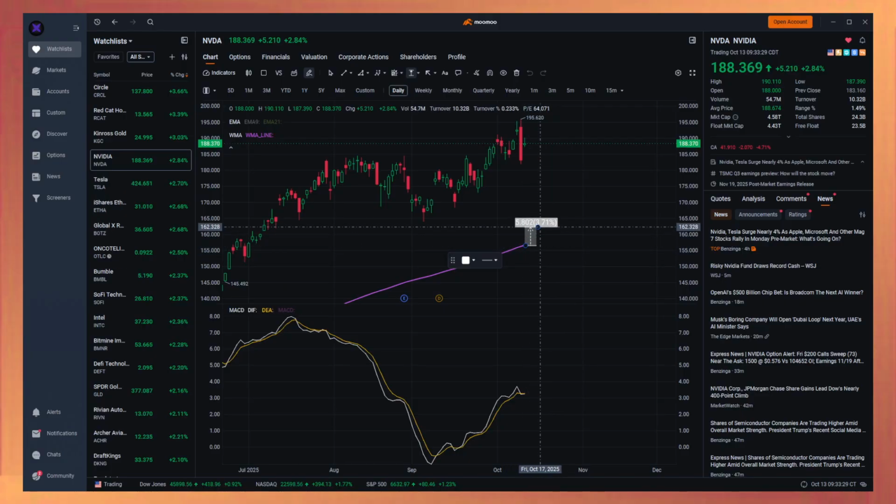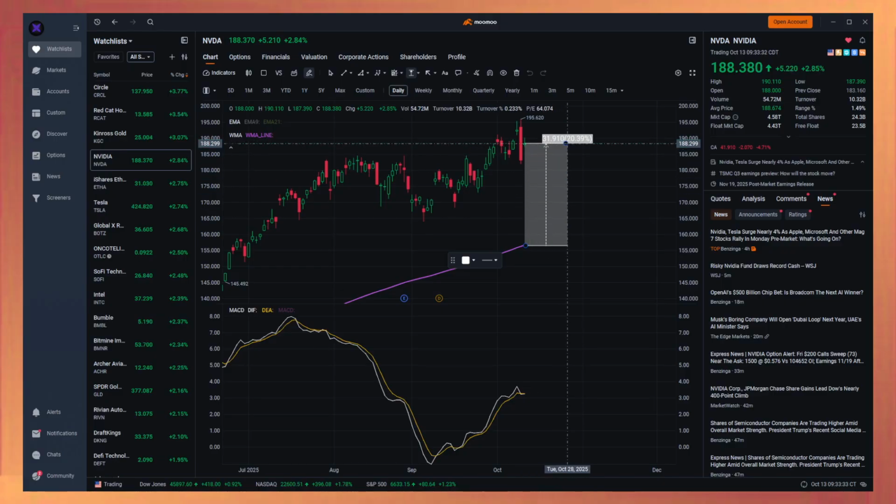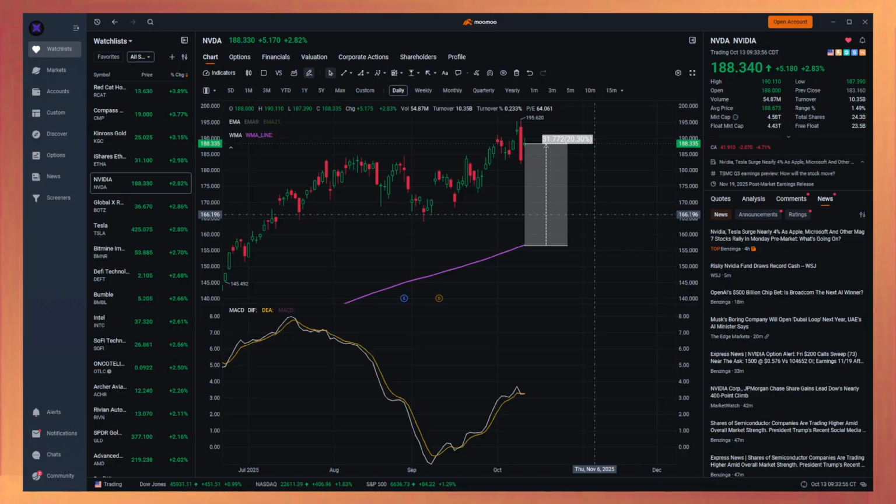And you click and drag and measure all the way to the current price. And you can see that the stock is extended above that purple line 20%. What does that mean? It means that you are paying 20% extra premium to own the stock. It even gives you the dollar value. You're paying $31 more to own the stock.